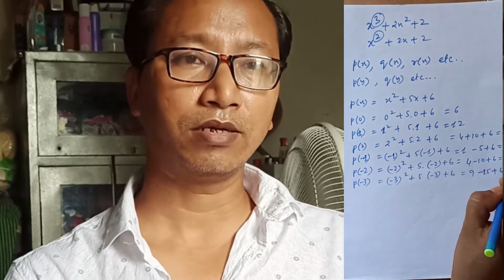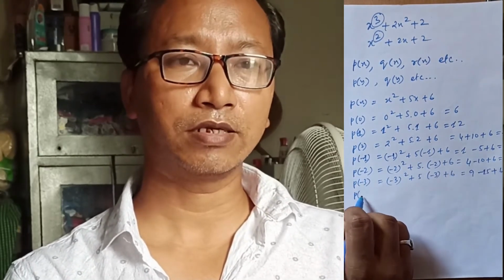So the values that we get for p(x) when we have different values of x, these will be called as the value of the polynomial.